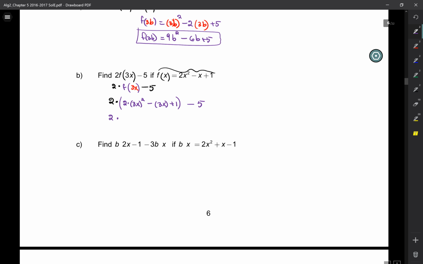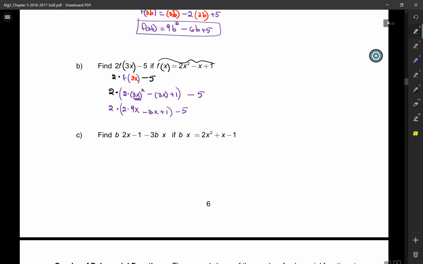This is 2 times, how much is 3x squared? 9x squared minus 3x plus 1 minus 5. So this is 2 times, how much? 18x minus 3x plus 1 minus 5.